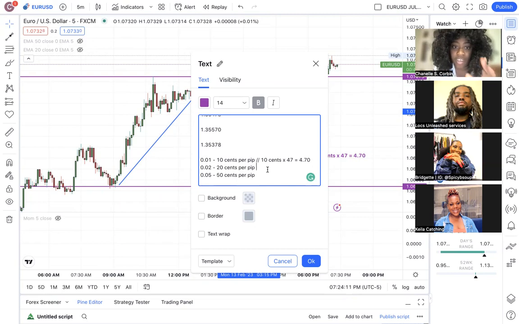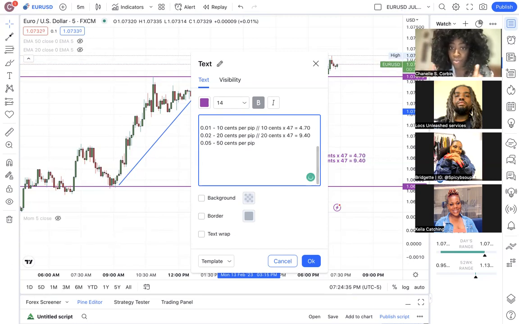That's amazing. If we use 20 cents per pip, we would do 20 cents times 47. I'm going to use my calculator, honestly. We're going to do 47 times 20 cents, and that's going to be $9.40 that we could have made if we would have just increased our lot size. Now, it starts to get interesting when you increase your lot size. So now let's look at 0.10, right? That's a different lot size. That's going to be $1 per pip, right?